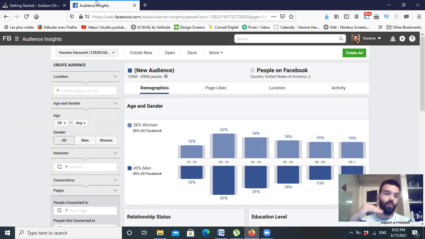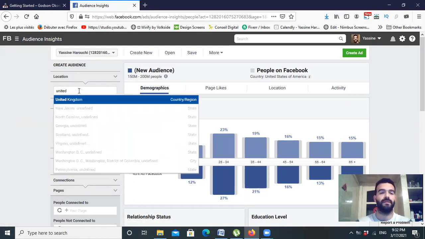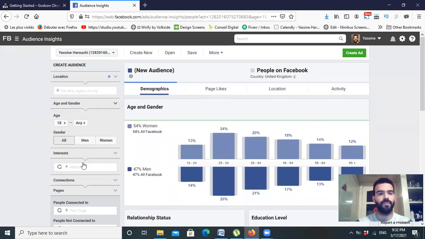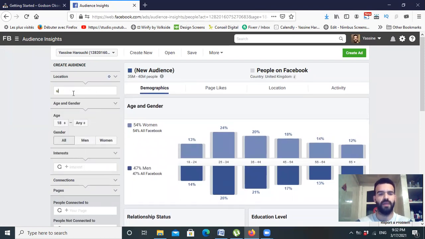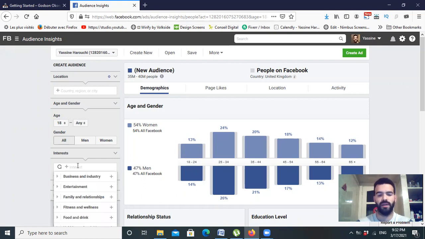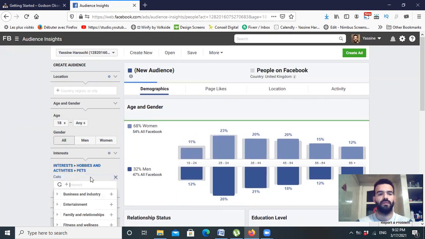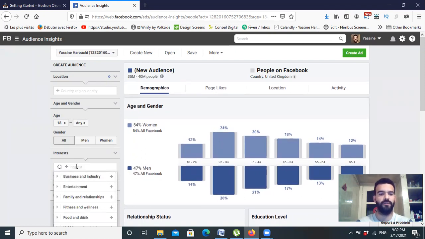So going a step further, what I learned over time is that you go to audience insights. For example, let's say you type the country, United Kingdom, and then you put here, let's say, cat food, just to give you a real example.